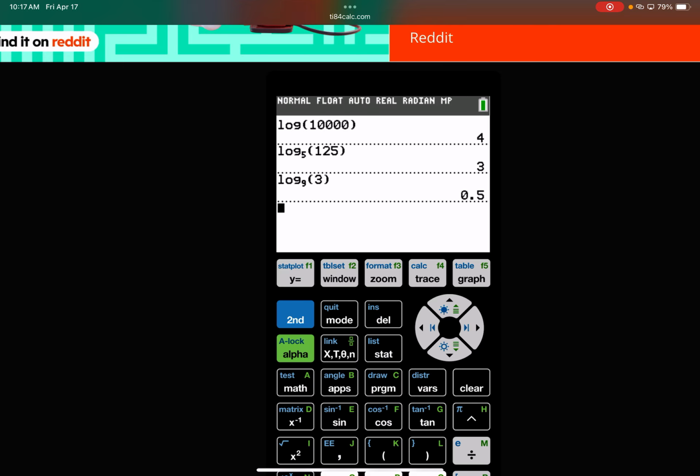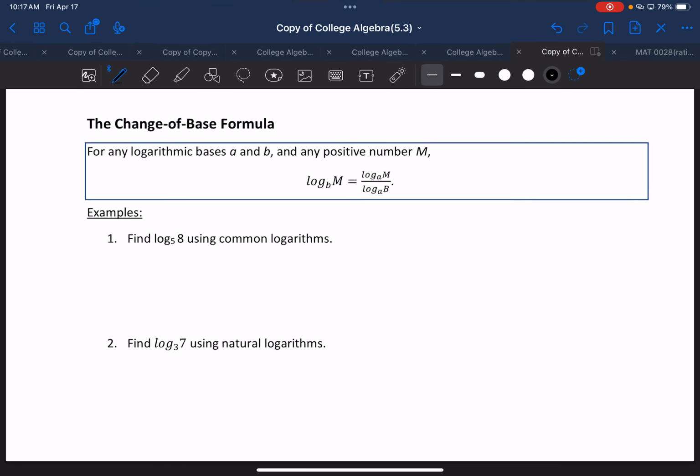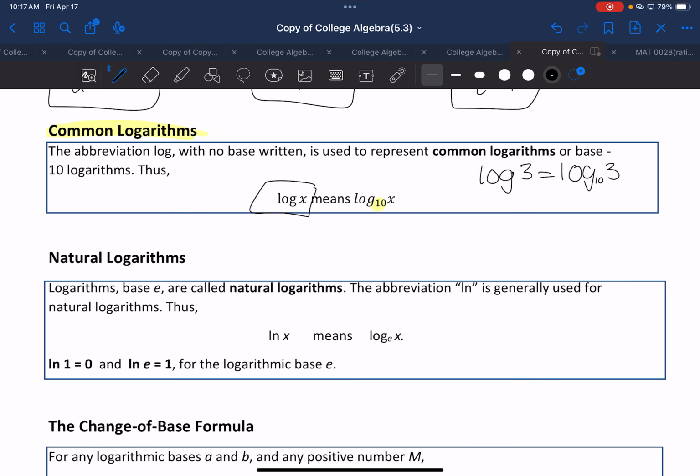All right. So that is that. The other most frequently used log is the natural log. This is whenever the log has a base e. So log base e of x. But we don't usually write it like this.